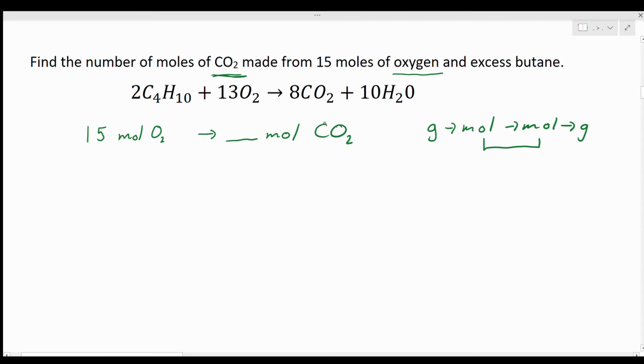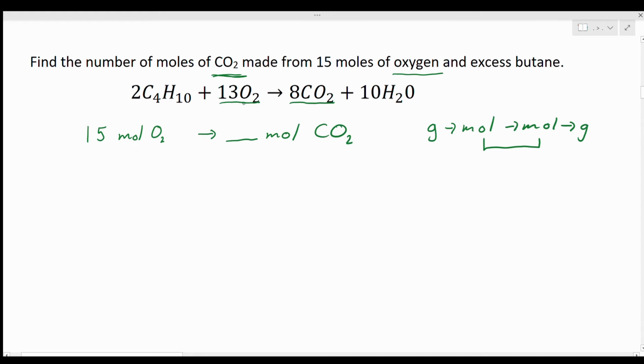First of all, let's find out what we do know. We know that 13 moles of oxygen can make 8 moles of carbon dioxide if there is excess butane, which in this case there is. Or if there's 2 moles of butane, we just need at least 2.